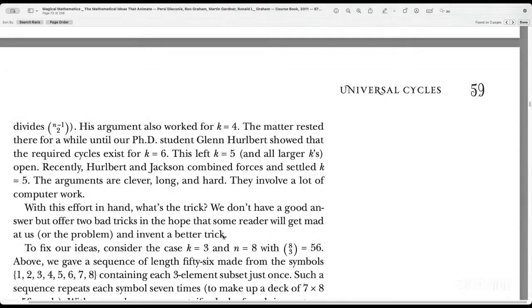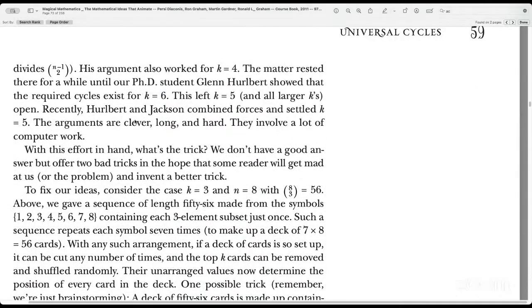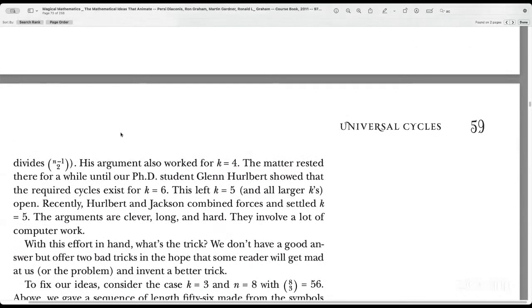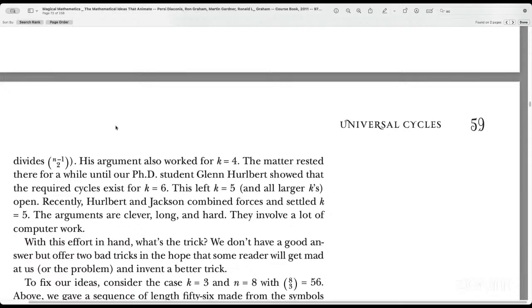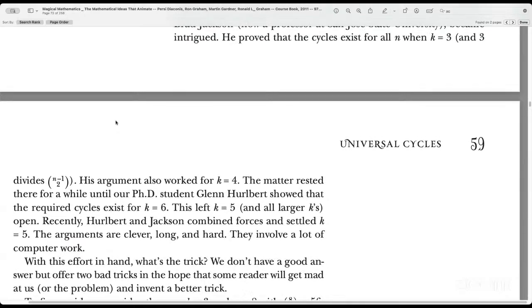It's not clear to me. Once again, I have not had a chance to look this up, but I think for larger k, we don't know. And of course, when I say all n, I mean all n for which the necessary condition holds. So for all n such that n minus 1 choose k minus 1, for whatever k actually is, is divisible by k.